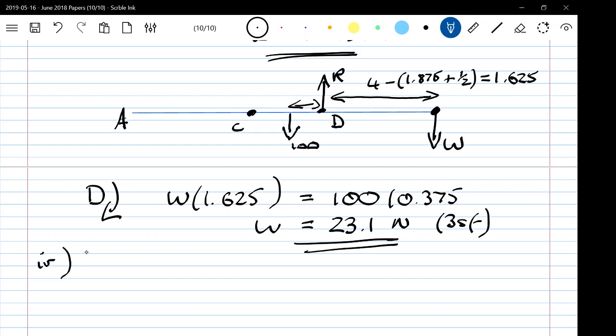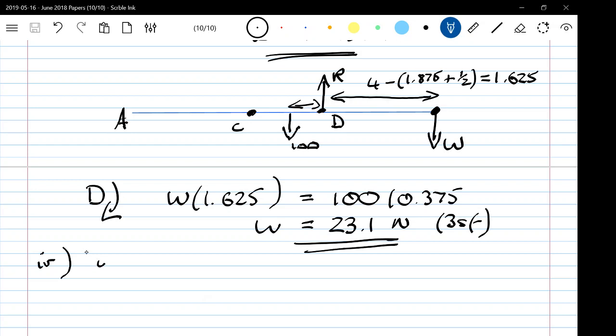Part 4, modelling the stone block as a particle. What's the problem with doing that? Well, the particular thing about that is you're assuming you are taking the weight of the block to act at the very, very end of the plank. And if you have a stone block balanced on the end of the plank and all the weight is at the very tip of the plank, how is it balanced? That's pretty precarious, isn't it? So one of the things there is you're modelling it as being exactly at B, and you're ignoring the dimensions of the block that there would need to be there in order to take it.